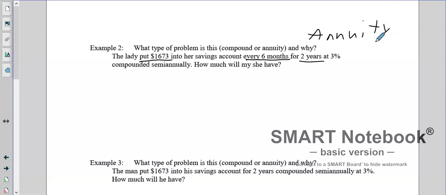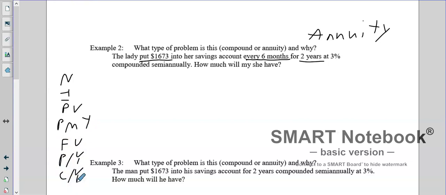Okay? So we have our N, we have our I, we have our PV, we have our payment, and we have our future value, and we have PY, CY, which will be the same thing. Okay? So interest, 3%.